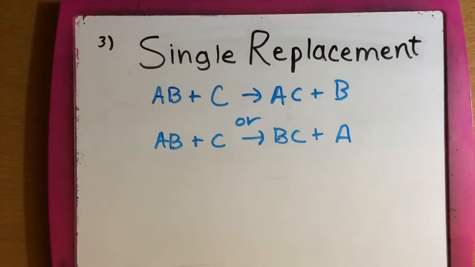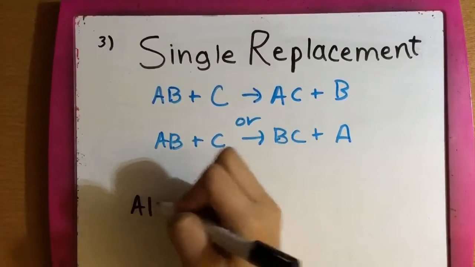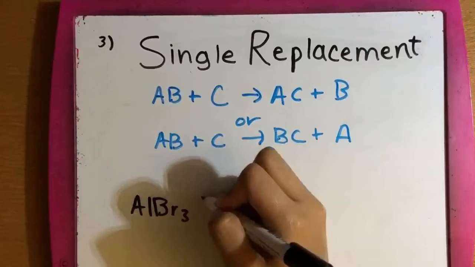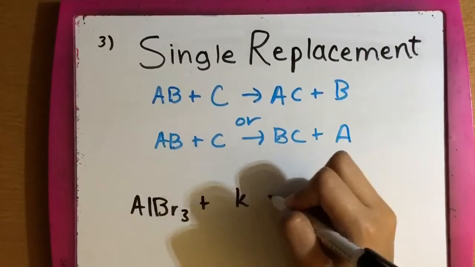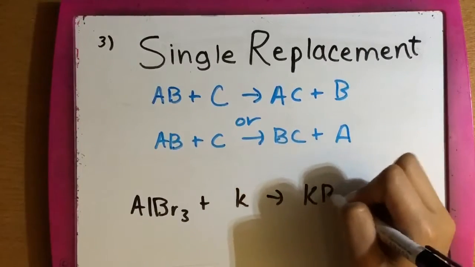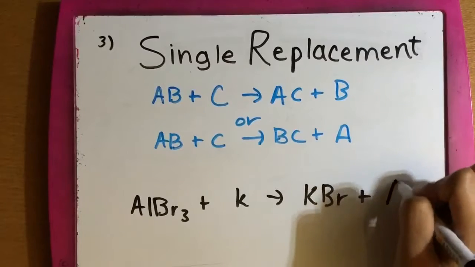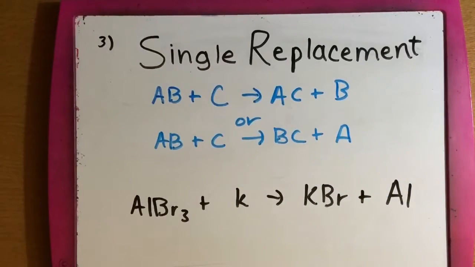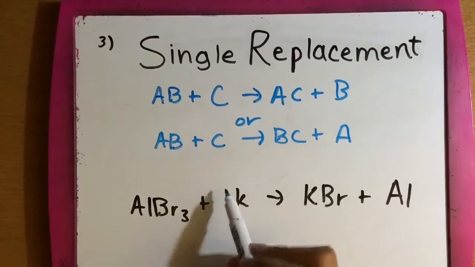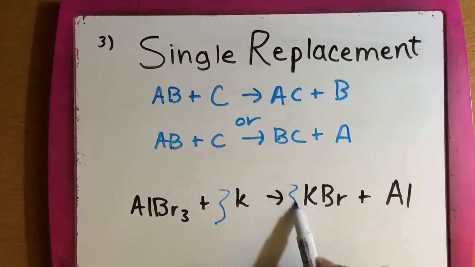So in the example problem, we have AlBr3 plus K produces KBr plus Al. So when you balance it, you will get 3 Ks, 3 KBr, and 1, 1.